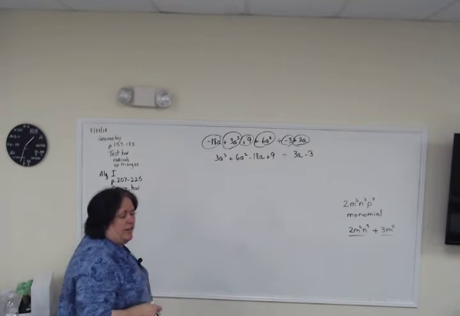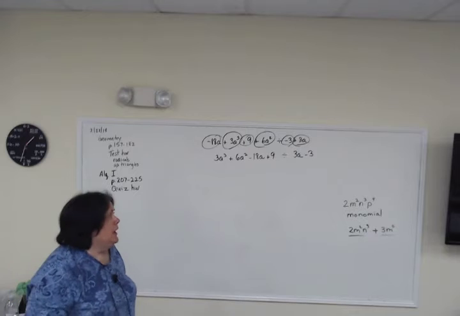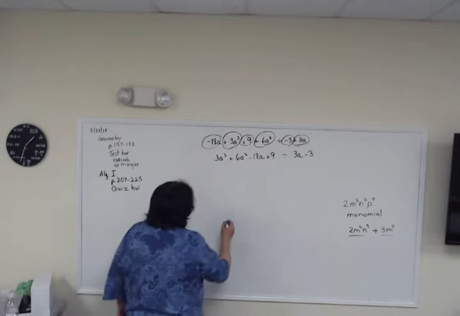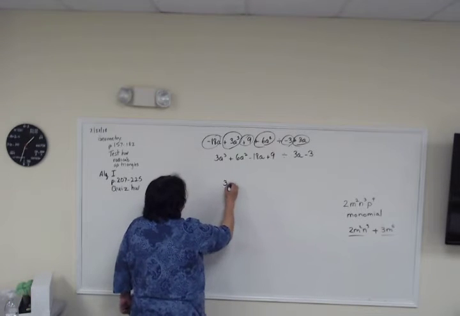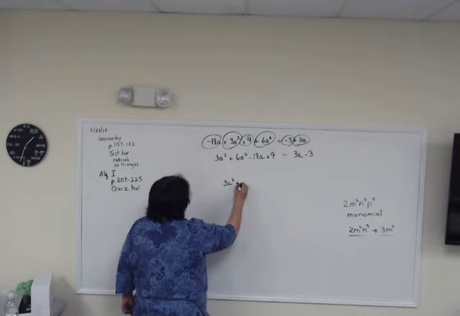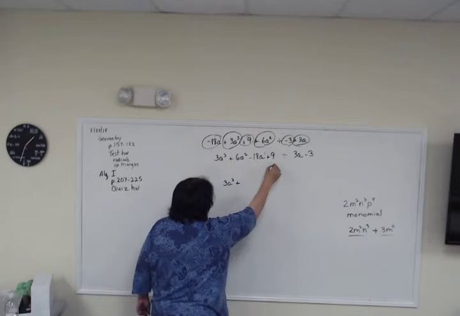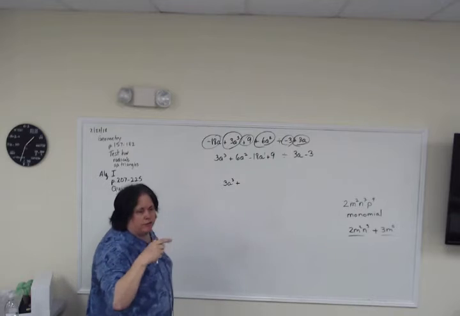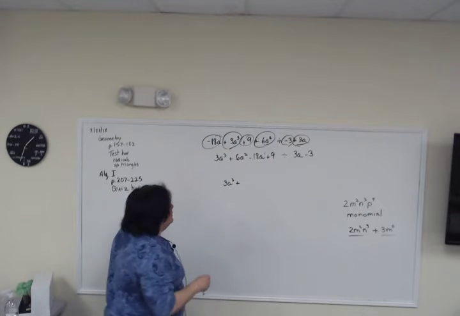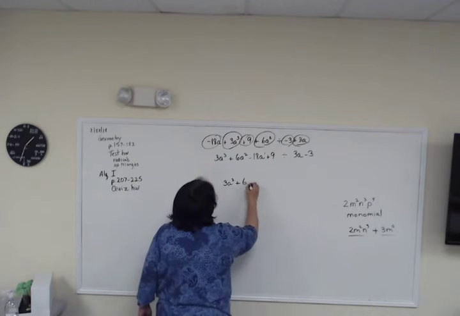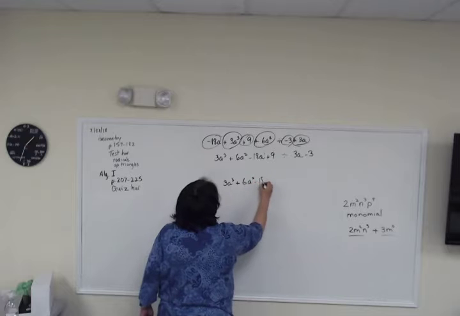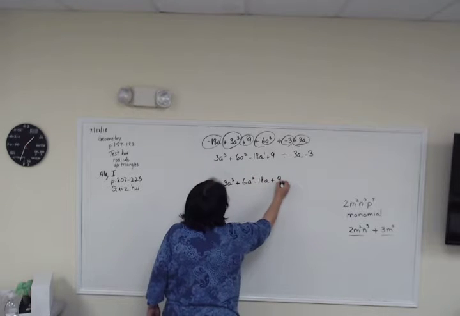Does everybody understand that so far? Okay. Now, I'm going to do long division. 3a cubed, I have a cubed, a squared, a 1 power, and a constant. So I don't have to fill in any zeros, right? 3a cubed plus 6a squared minus 18a plus 9.